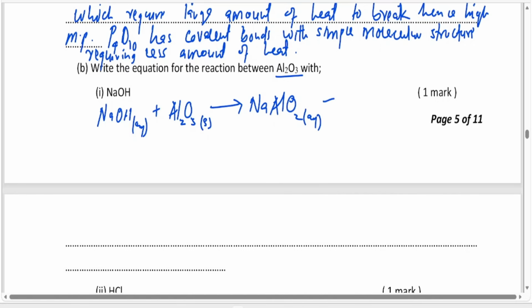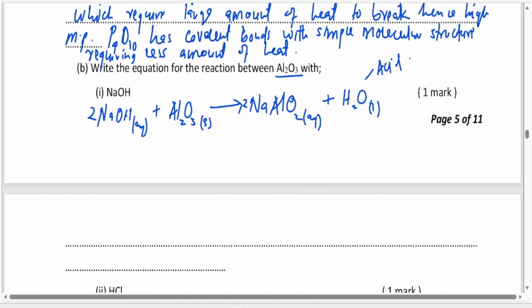Then I also obtain water, which is liquid. I balance the equation by putting a 2 on sodium hydroxide and also a 2 on sodium aluminate. And in this case, here aluminium oxide is reacting as an acid.